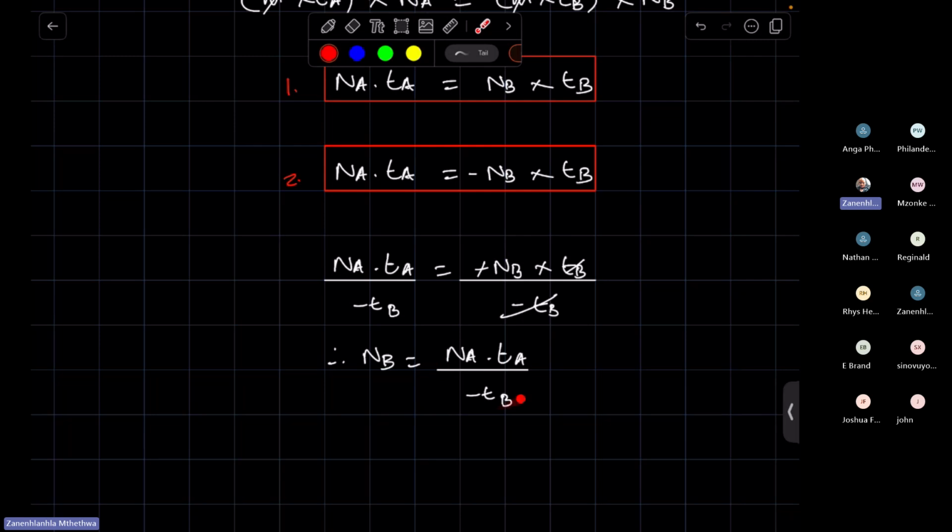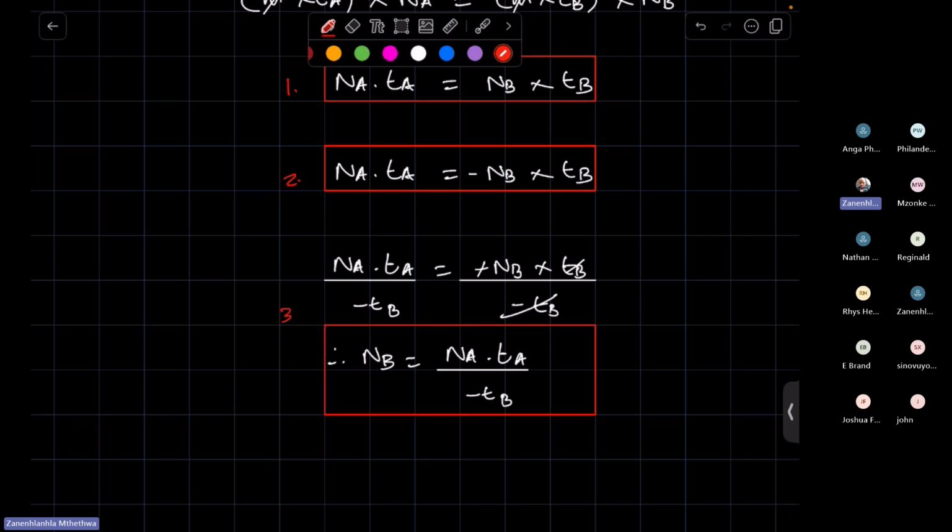And then this is what you would insert in your first condition. So this would be your third step, solving for what you are looking for.